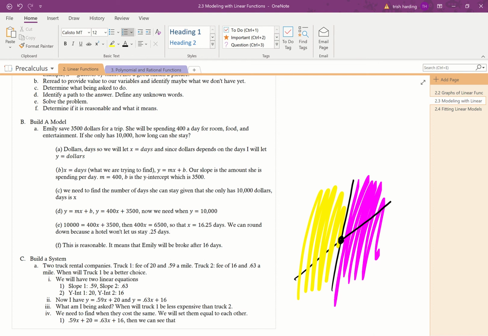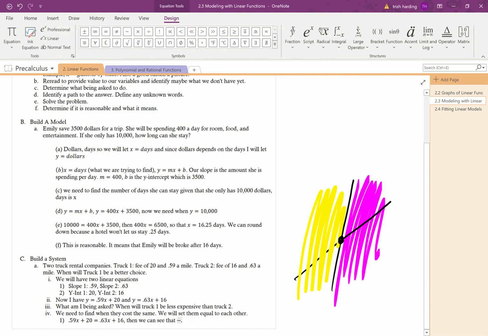Then we're going to see that when we take over the 0.63, we're going to get negative 0.04x is going to be equal to negative 4.